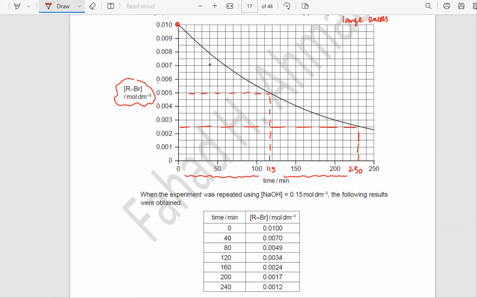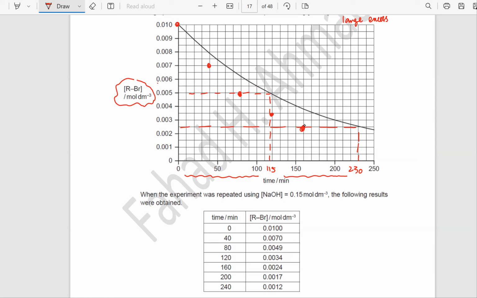This one. अच्छा, फिर 80 पे it's 0.049. 80 would be over here, 0.049 would be very close to or almost equal to 5. अच्छा, फिर 120 पे it's 0.034. 120 is over here, 0.034 is approximately 35. अच्छा, फिर 160 पे it's 24. 160 is here. बस वो approximately 25 है. और फिर इसी तरह 200 पे it's 17.